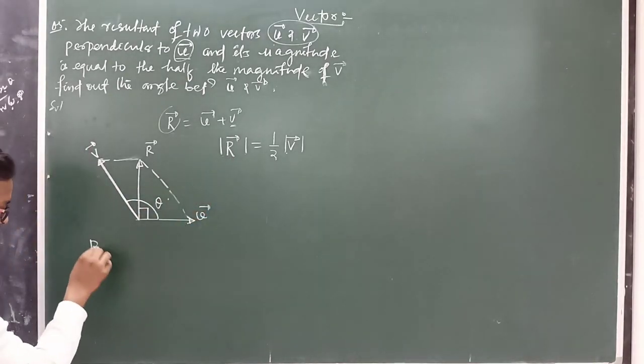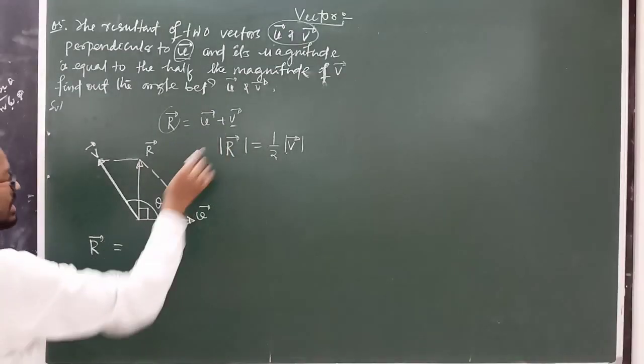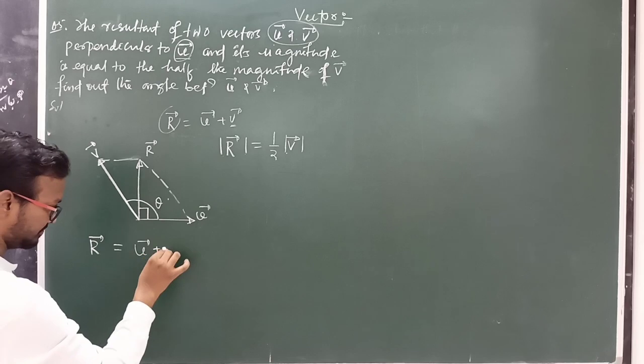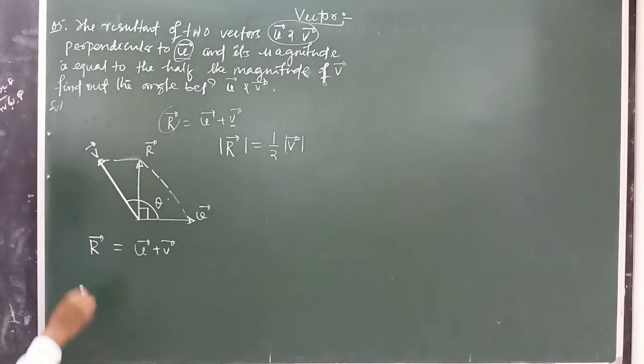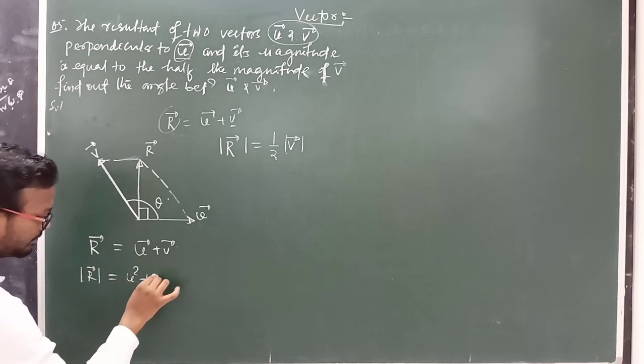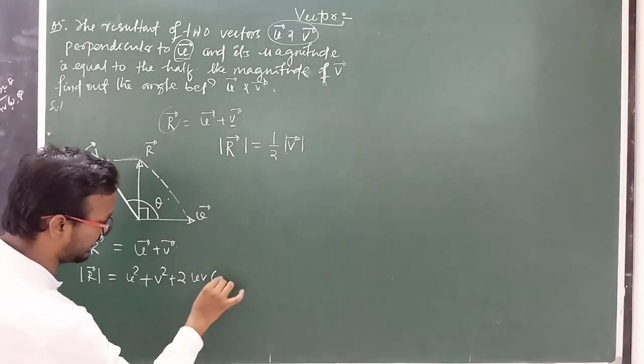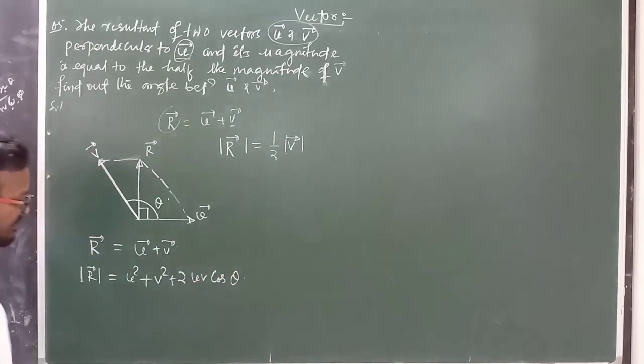So according to the question, we have resultant vector r equal to u vector plus v vector, and its magnitude equals the square root of u square plus v square plus 2uv cos theta.